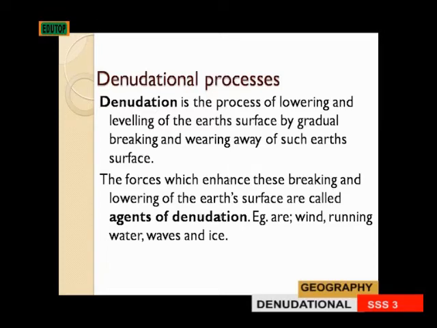And forces which enhance this breaking and wearing away or lowering of the earth surface are known as the agents of denudation. And they include forces like wind, running water, waves, ice, etc.